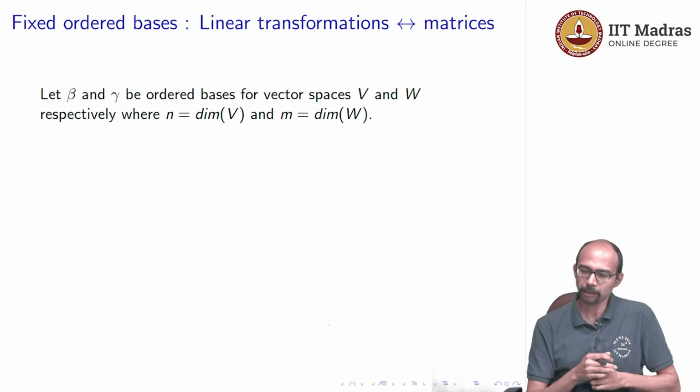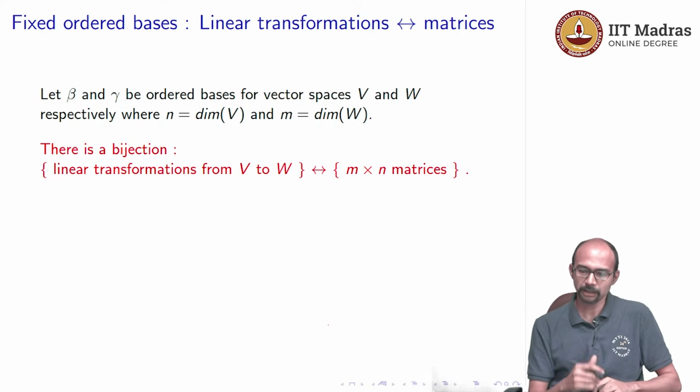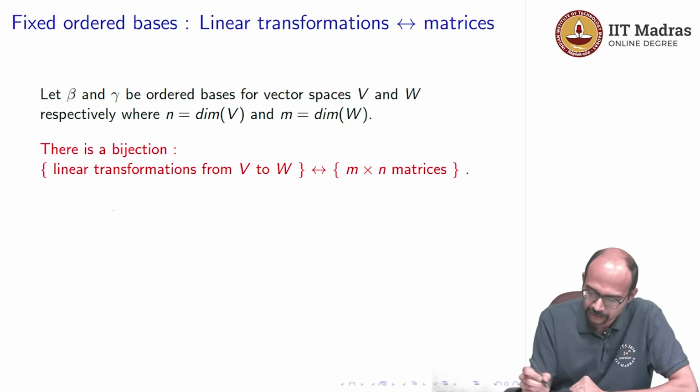So, if beta and gamma are ordered bases for vector spaces V and W, and n is the dimension of V and m is the dimension of W, there is a bijection from linear transformations from V to W to m by n matrices, of course, over R. How do we get this?